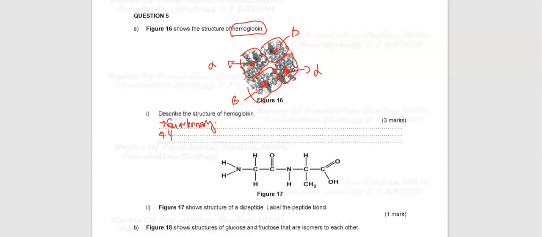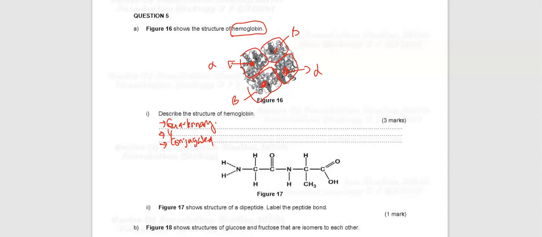beta polypeptide chains. And then the third point: because every polypeptide chain has a heme group, hemoglobin is considered a conjugated protein, because it has other substances apart from protein, apart from amino acids, in the components of hemoglobin.